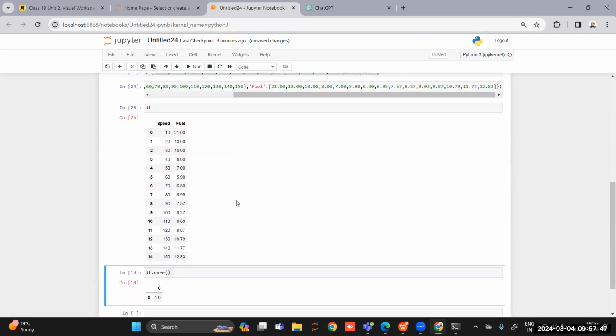Okay, done. See, this is the data frame that we wrote.